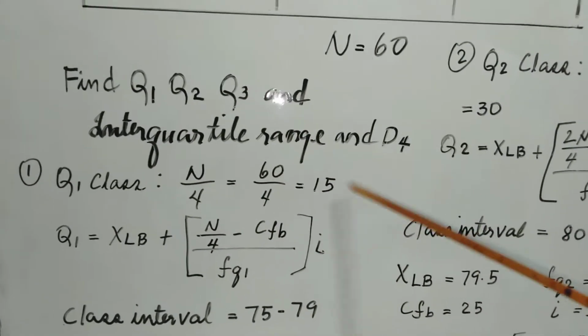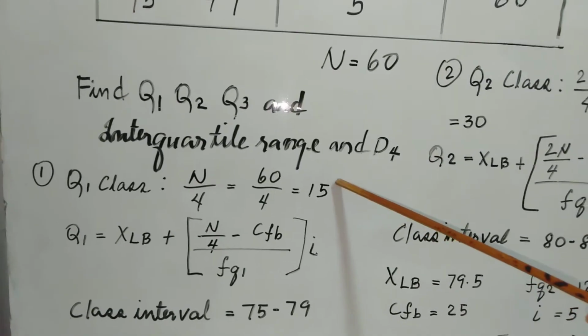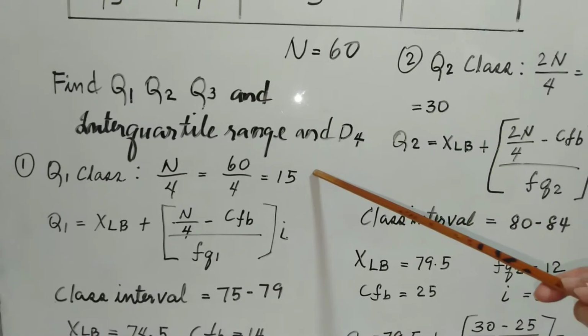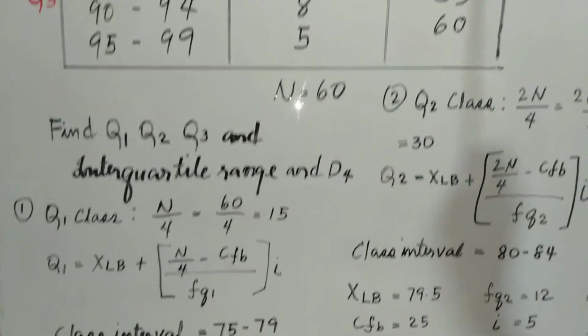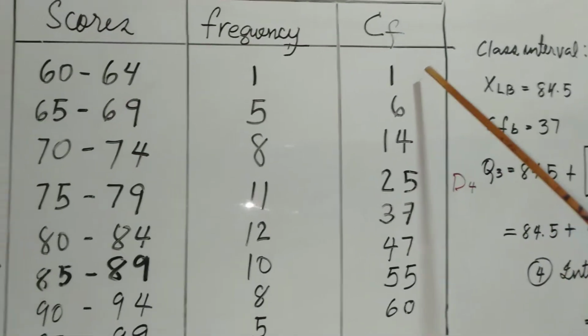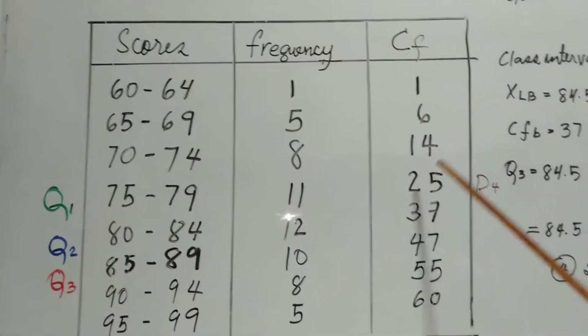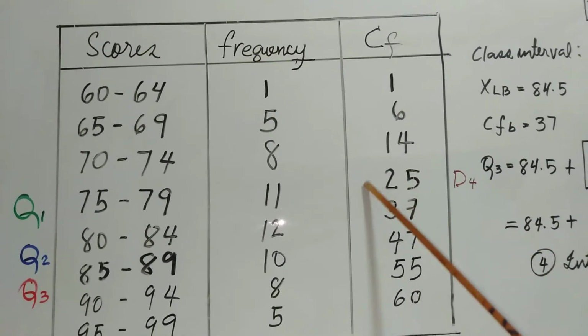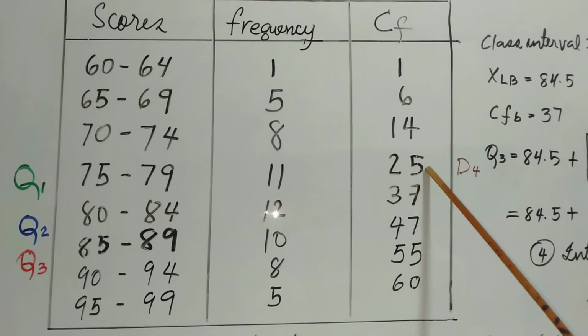So we're going to make use of this 15 for the first quartile, and look for the values of the scores from this cumulative frequency. Since there is no 15 here, we have 1, 6, 14, and 25. So we're going to use the upper value.